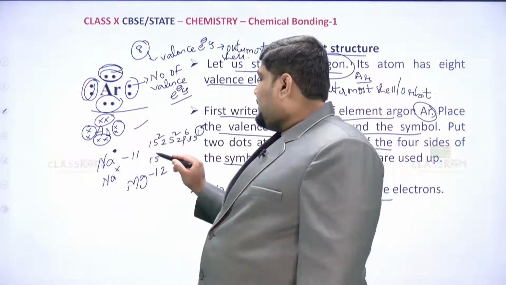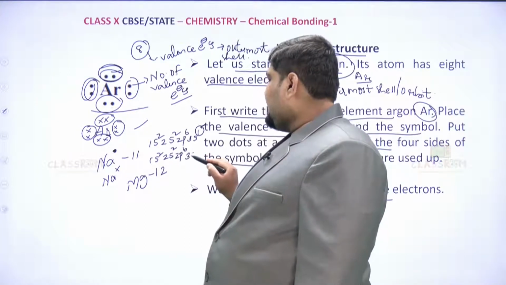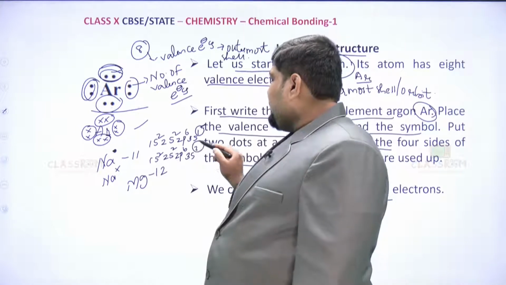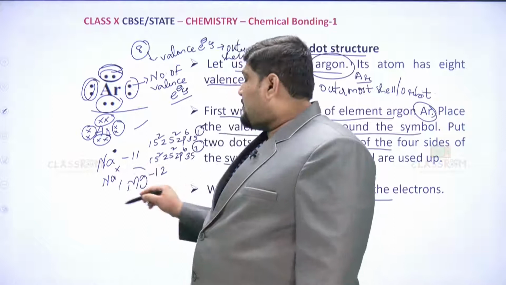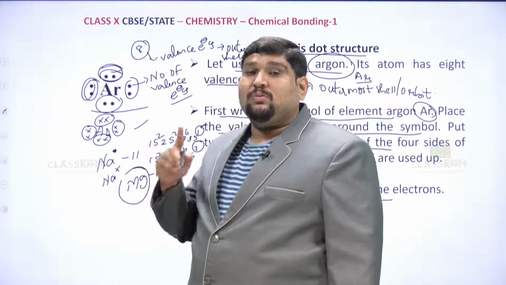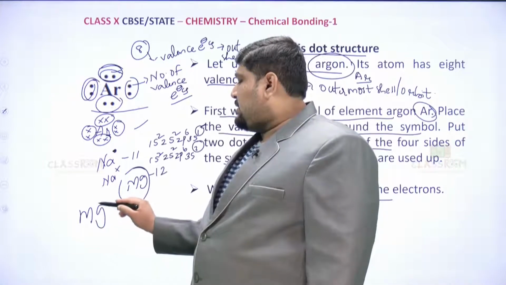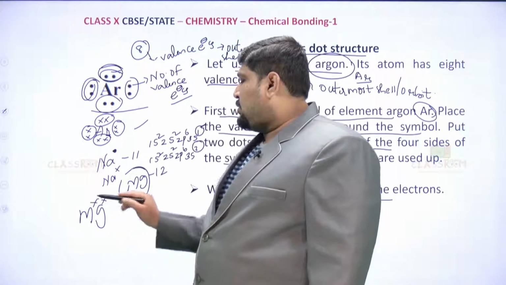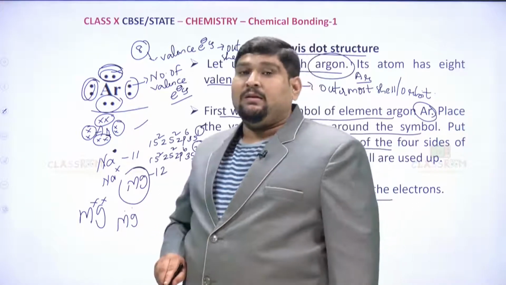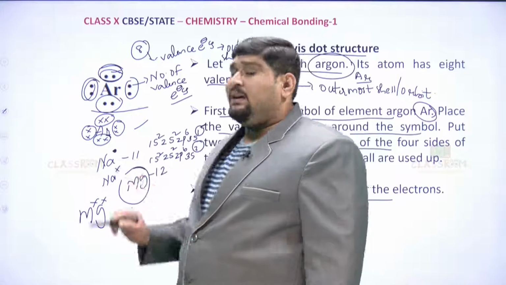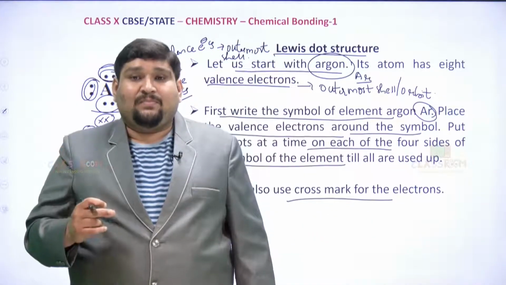When you write its configuration, 1s2, 2s2, 2p6, 3s2, you can find the number of valence electrons in the valence shell of the magnesium atom is 2. So when you represent magnesium, you are going to represent it with 2 crosses, or either with 2 dots. So this is the way we represent the number of available valence electrons for each atom.